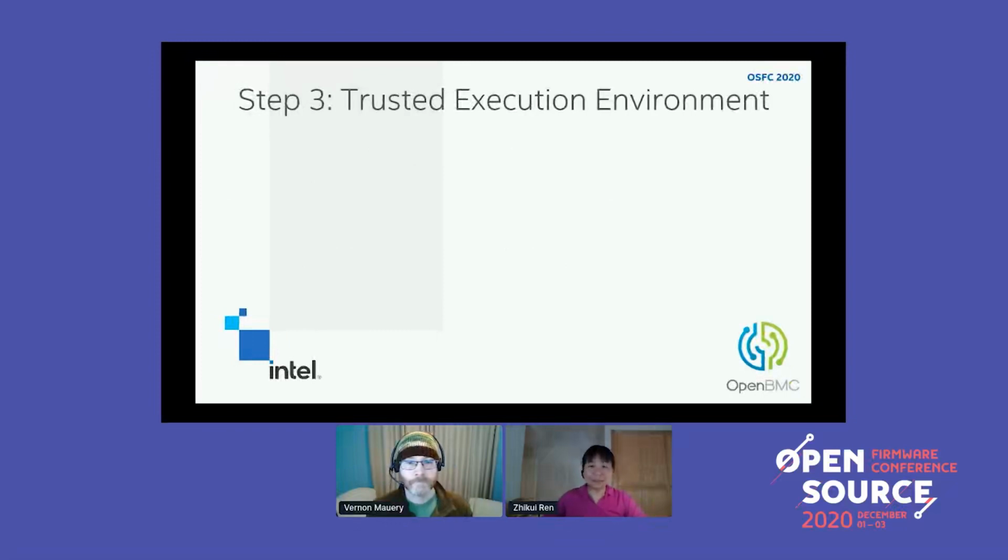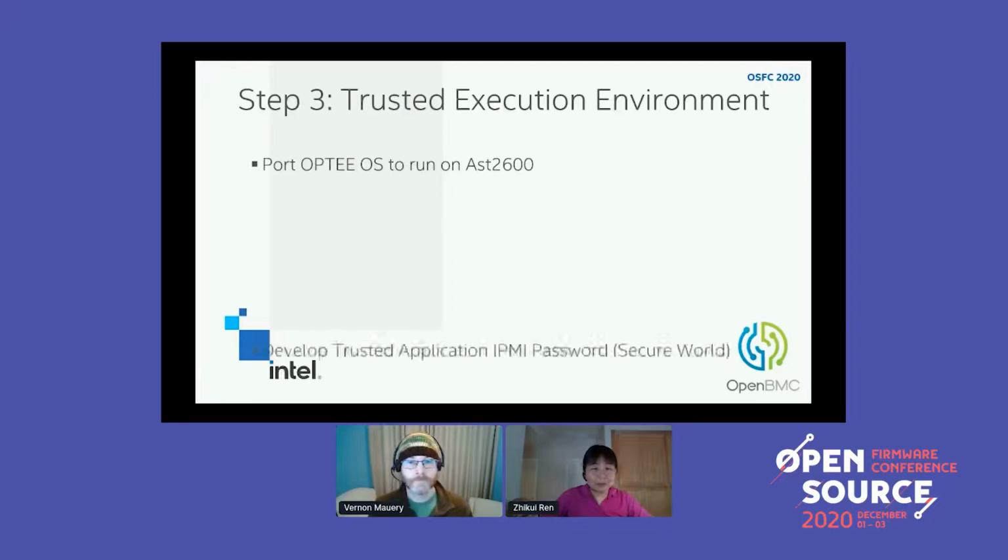And I'm just going to talk about what kind of proof of concept work we have done, trying to introduce a trusted execution environment in OpenBMC and using that to keep a secret, basically. The first thing we did was porting OP-TEE onto the ASPEED 2600 chip, and that one has the support for TrustZone extensions.